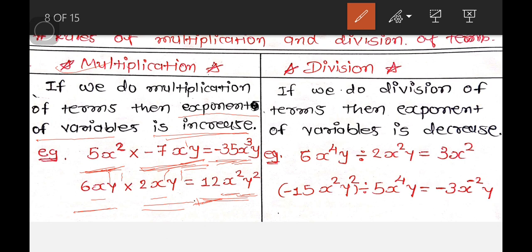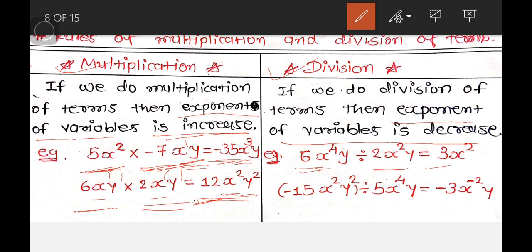Now the rule for division. If we do division of terms, then the exponent of variables decreases. For example, 6x raised to 4y divided by 2x square y. First we divide 6 by 2, then we get 3.